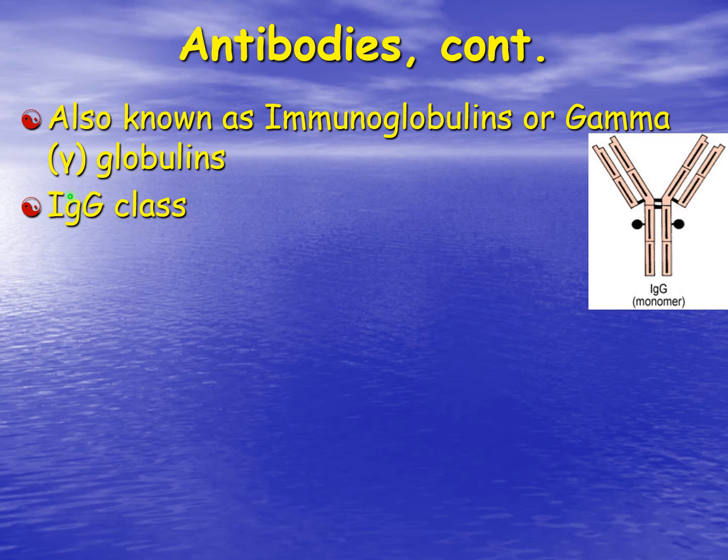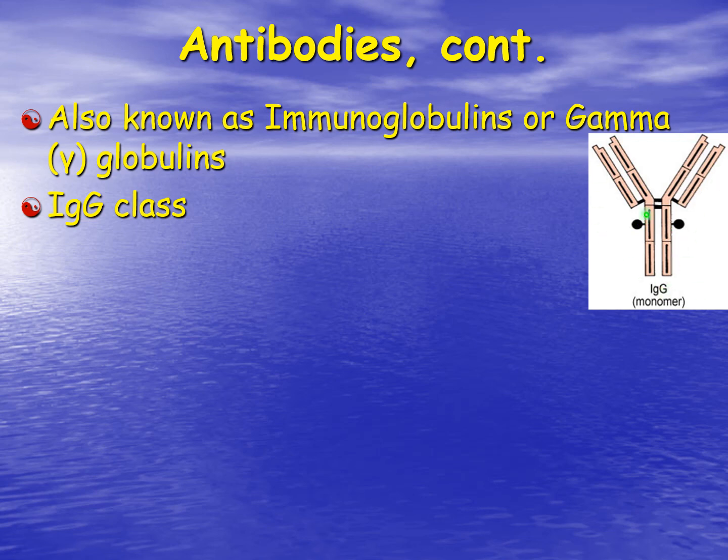The I little g stands for immunoglobulins, and the capital letter stands for the specific class. IgG class antibodies exist in the blood as a monomer, and this little figure right here is representing carbohydrates attached to the FC region.